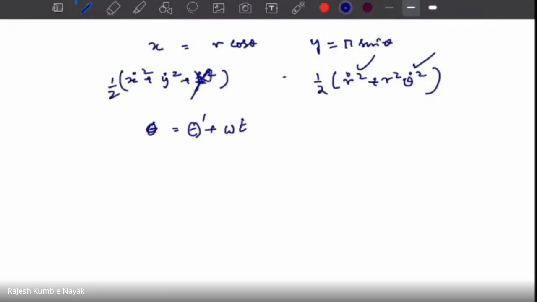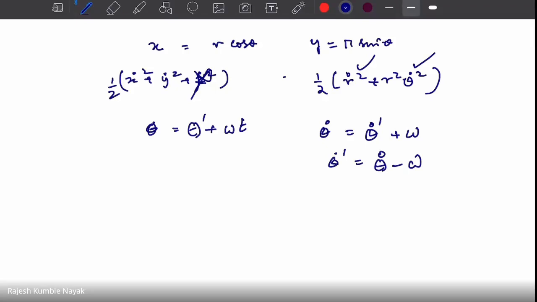Now you see that it is a uniform rotation. Now you see that your theta dot would be theta dot prime plus omega, or you could, if you want to substitute, theta prime dot would be theta dot minus omega, whatever you want to do.